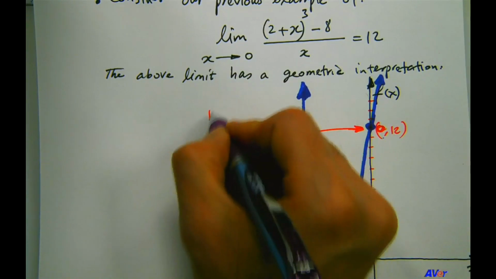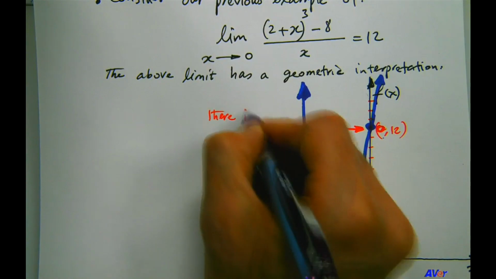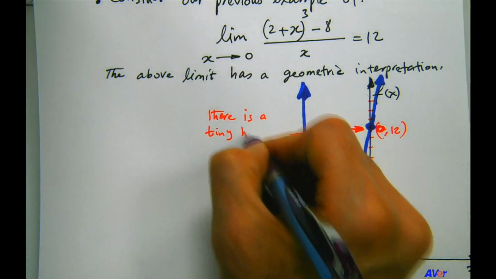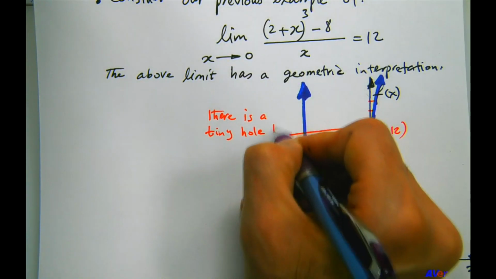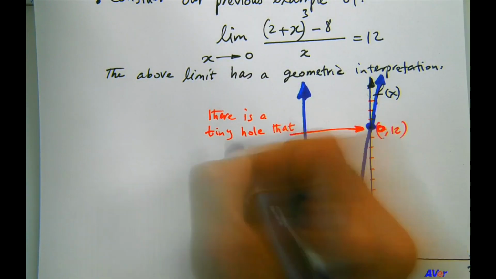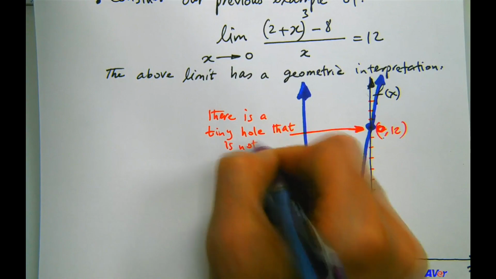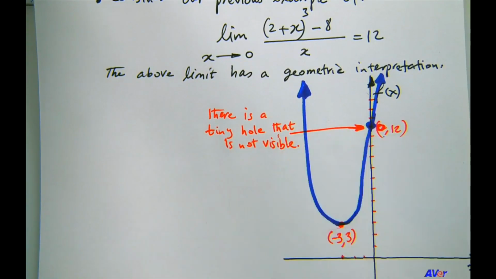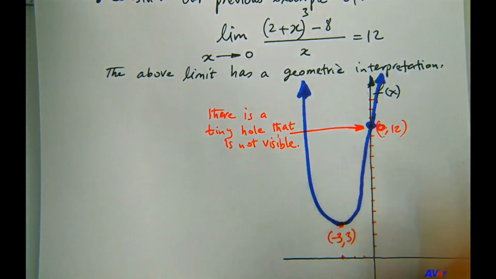So there is a tiny hole that is not visible. Okay, but the line looks like it's going through it, where in fact it doesn't.